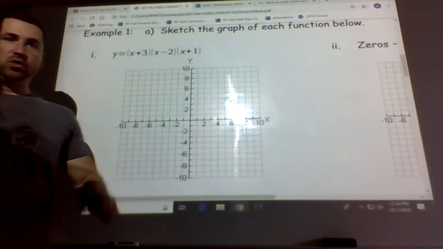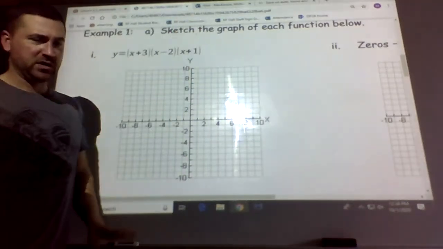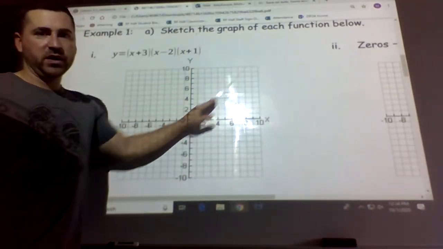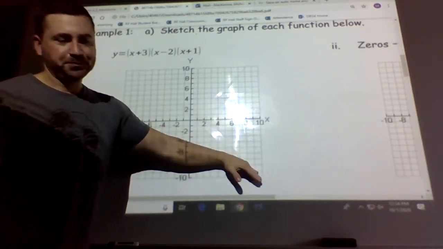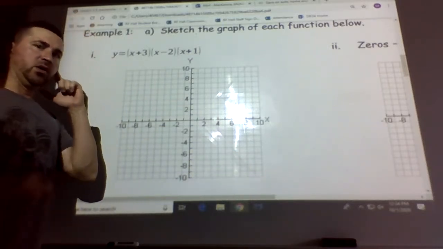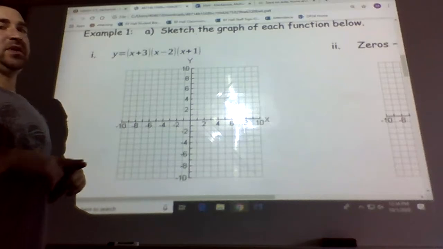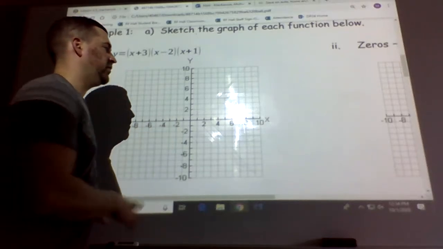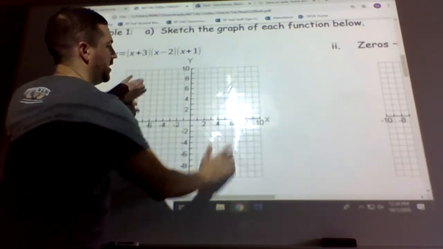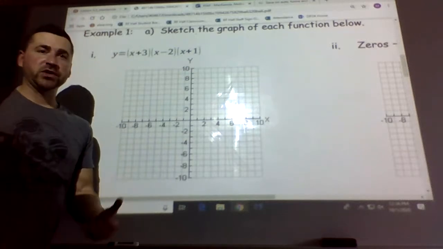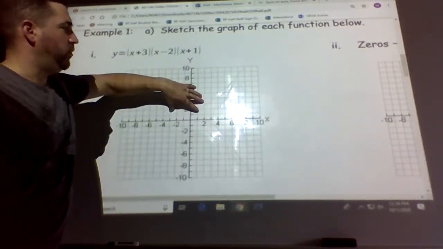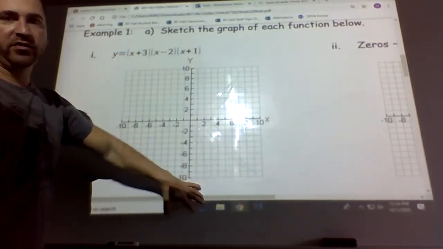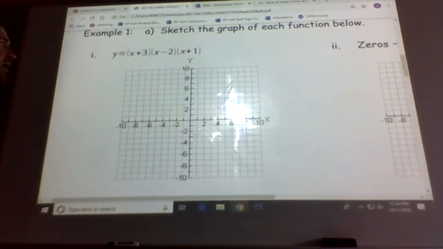Odd functions will go in opposite directions, so a linear function could go this way, or it could go this way. So they have opposite end behaviors. One's going to negative infinity and one's going to positive infinity. Whereas with an even function, they either both go positive or they both go negative for the end behaviors for y.